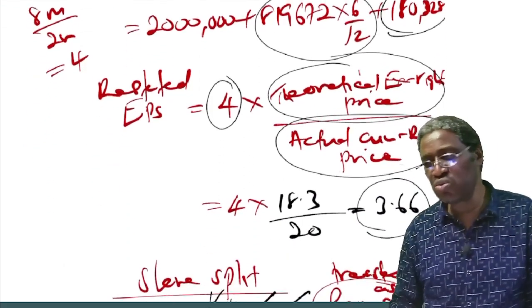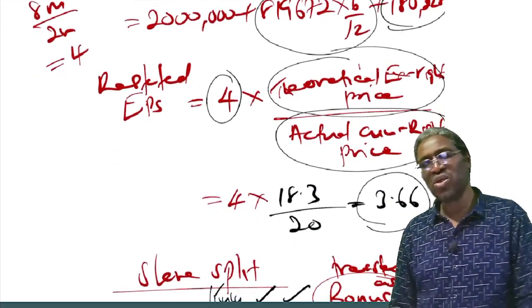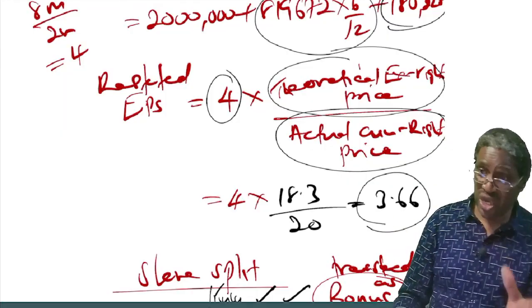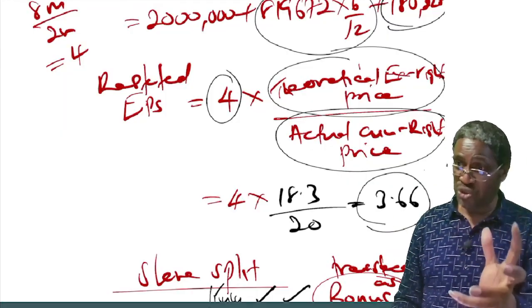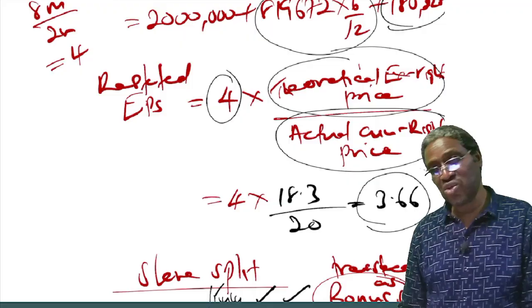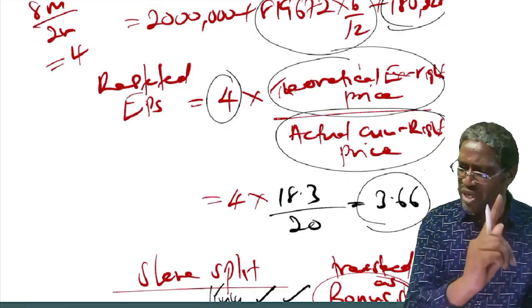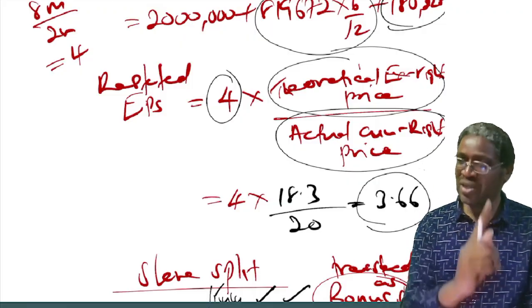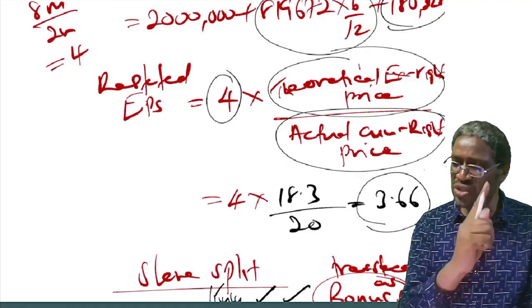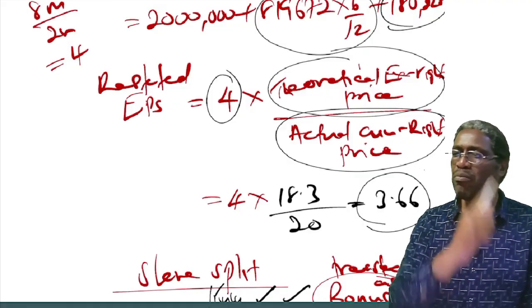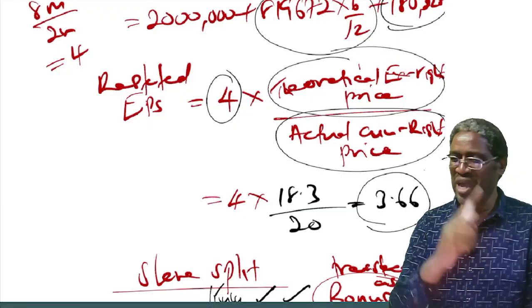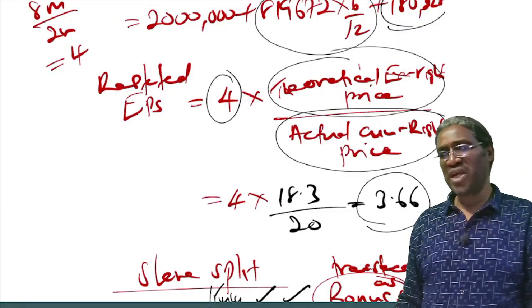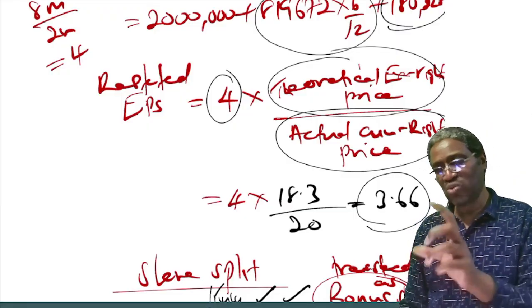But I've told you, when it comes to rights issue, you don't restate it the same way you restated the stock option. No. For rights issue, whatever was the EPS of last year, that EPS of last year is to be restated by multiplying it by a factor. What was the factor?